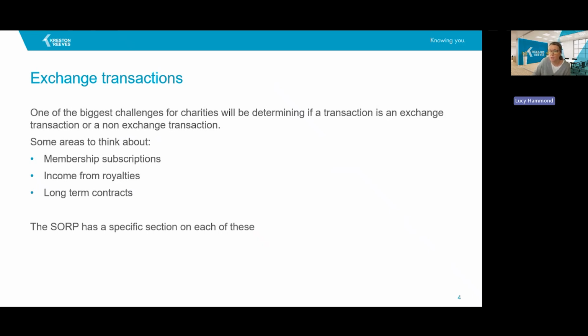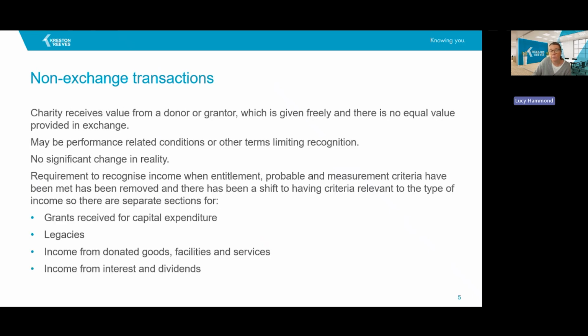So, for example, with membership subscriptions, you will need to consider what you are providing in exchange for the membership. Is it access to your gardens or museum? Or, as part of someone's membership, do you put on an annual event in addition for them to attend? One of the points to remember when thinking about exchange transactions is that the contract would also be subject to contract law.